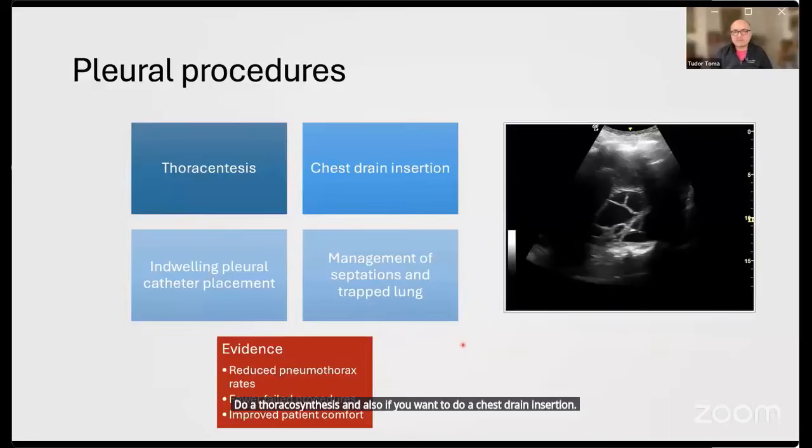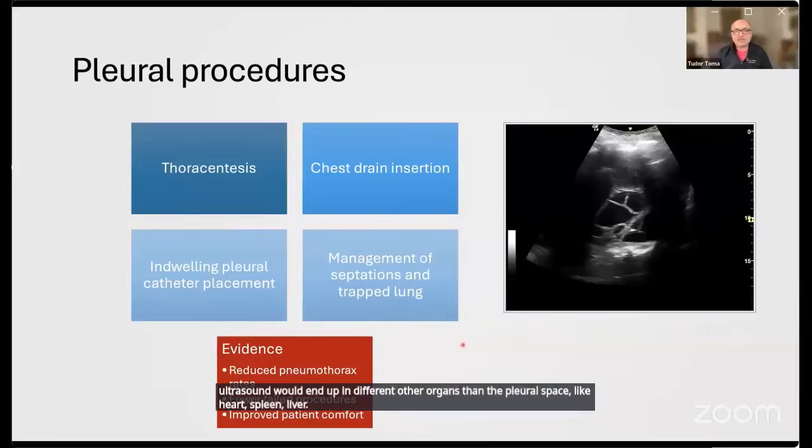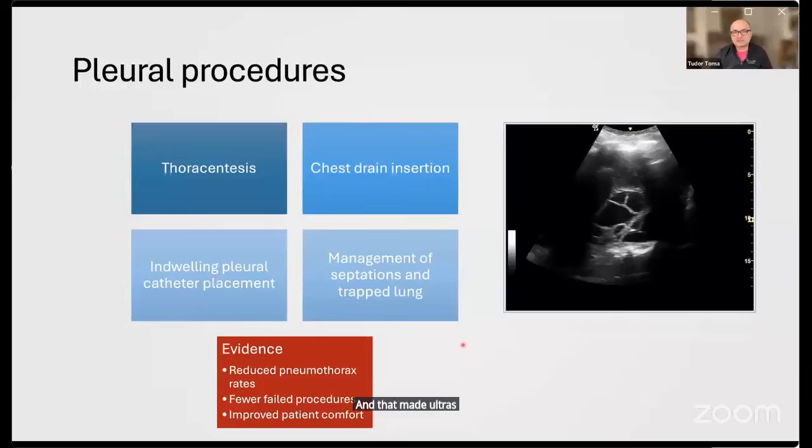In the UK, there was a National Patient Safety report in 2006, which picked up the fact that chest drains inserted by including respiratory physicians without the ultrasound would end up in other organs than the pleural space, like heart, spleen, liver, and that made ultrasound compulsory for chest drain insertions.